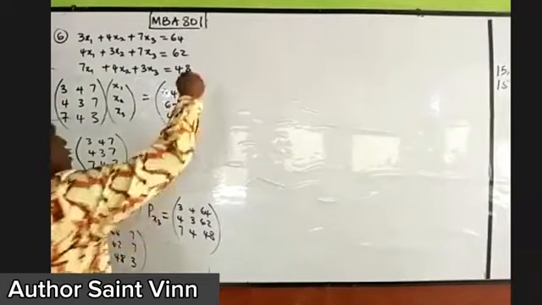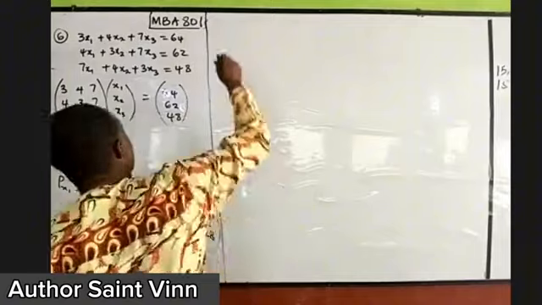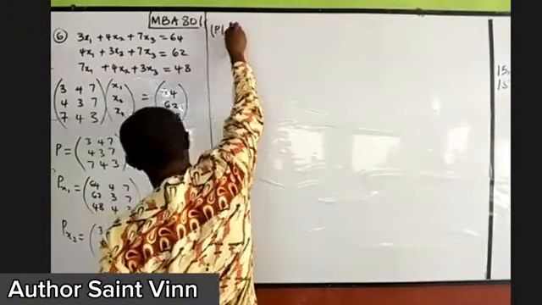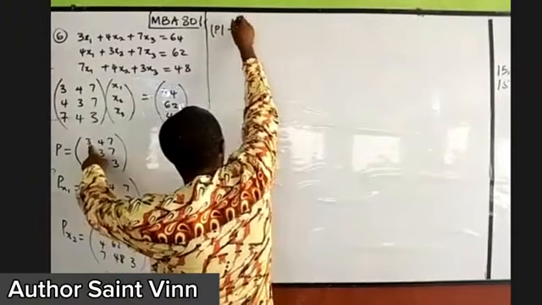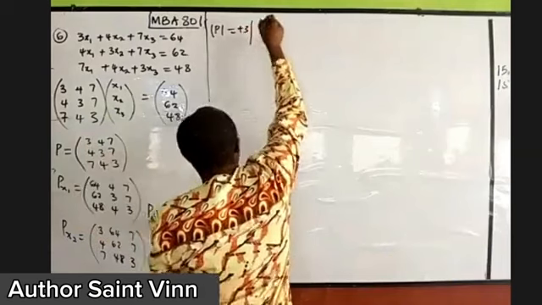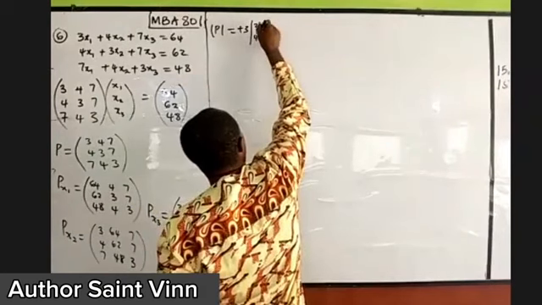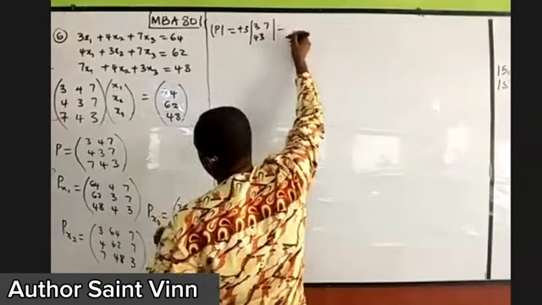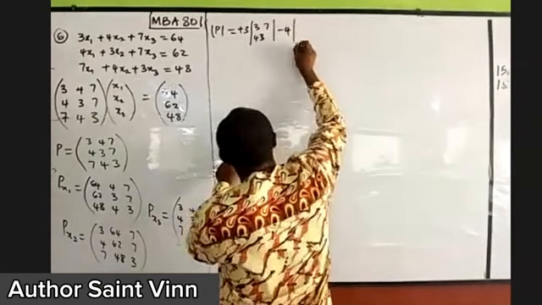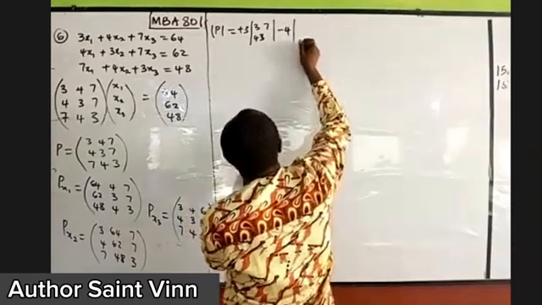Okay. Determinant of P: plus 3 into the minor 3, 7, 4, 3. Nobody is helping me, only me, as if I'm the one that will do the exam.